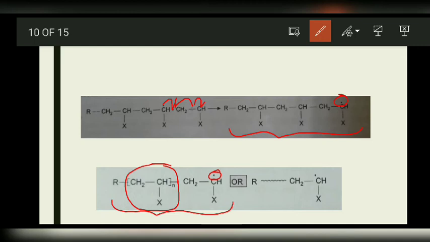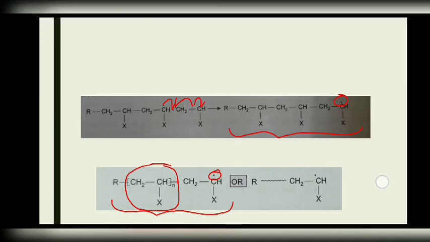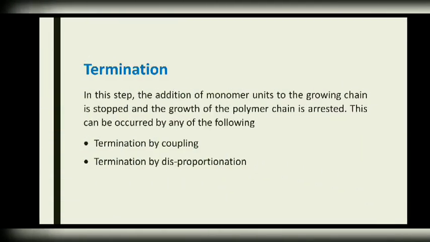So this propagation continues till termination, or till there is no further monomer left for attack. Then the final step is termination. In this step, the addition of monomer units to the growing chain is stopped and the growth of the polymer chain is arrested. This can occur by any of the following.